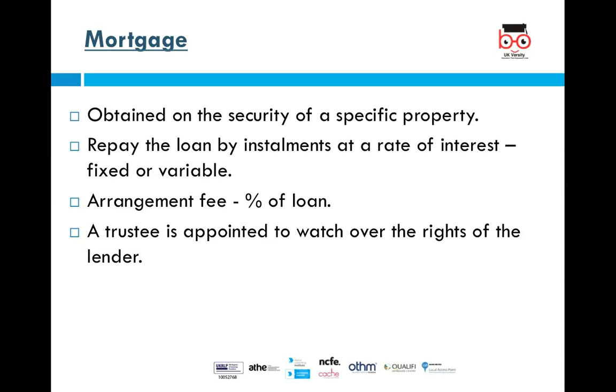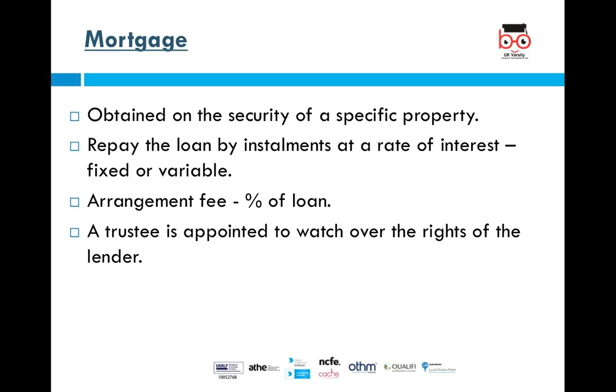Let's see. A mortgage is traditionally obtained on the security of a specific property and is very popular in the UK market. There is a mortgage market, and all banks deal with mortgages and property. They repay the loan by installments at a rate of interest which is fixed or variable, and an arrangement fee is a percentage of the loan. A trustee is appointed to watch over the rights of the lender, and that's a legal requirement.